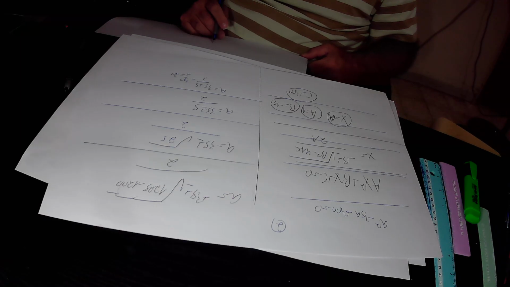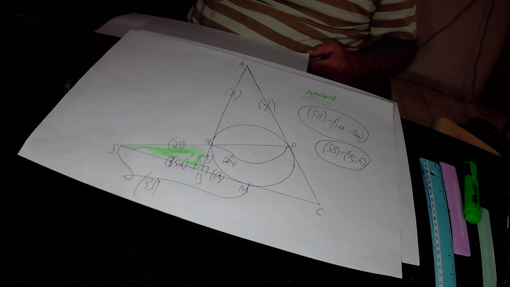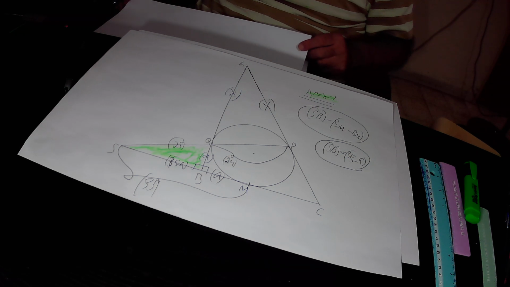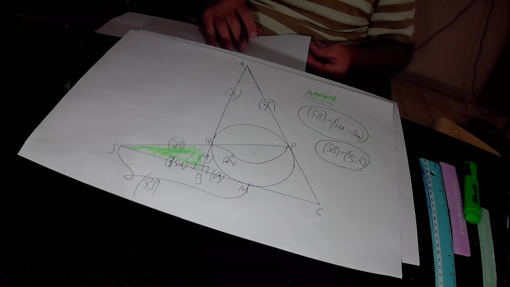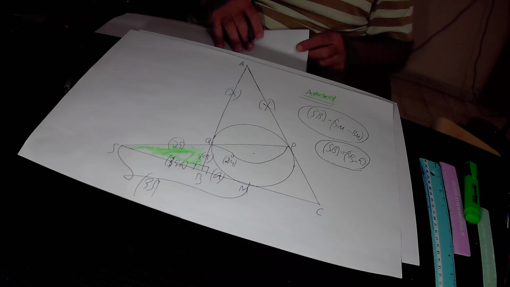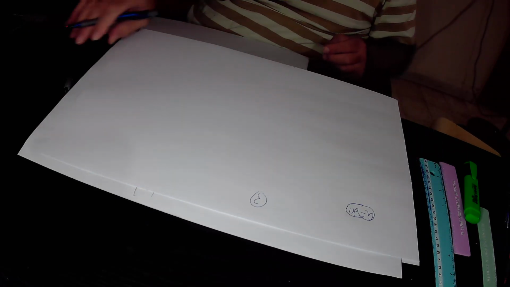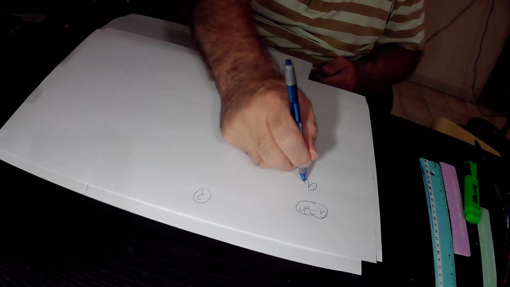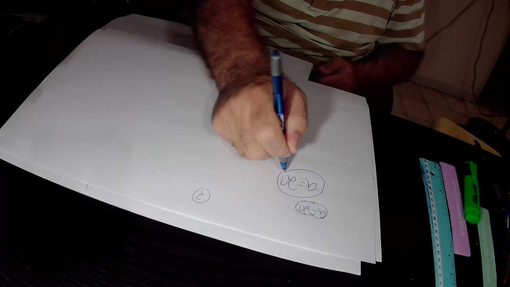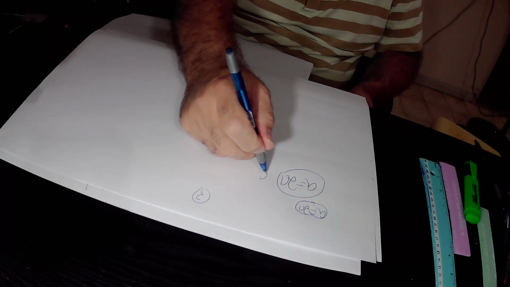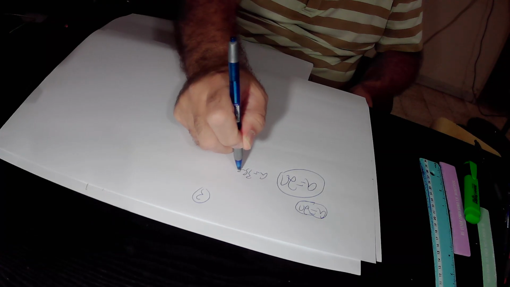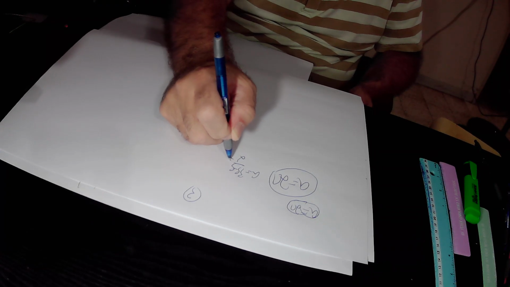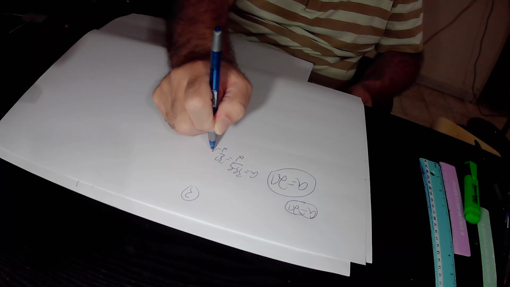So we also have the second solution for a. The second solution for a is that a equals 35 minus 5 over 2. 35 minus 5 is 30, and 30 over 2 is 15.